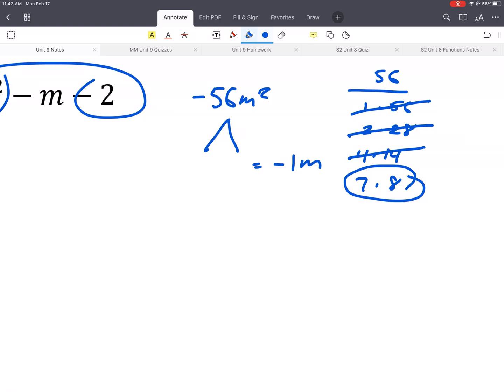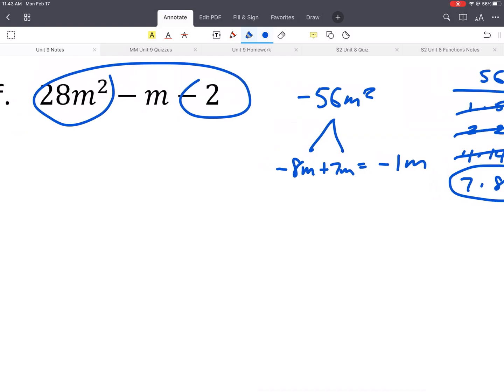We just need to figure out which one is going to be negative. Is 8 going to be negative, or is 7 going to be negative? It would probably be negative 8m plus 7m gives us a negative 1m.